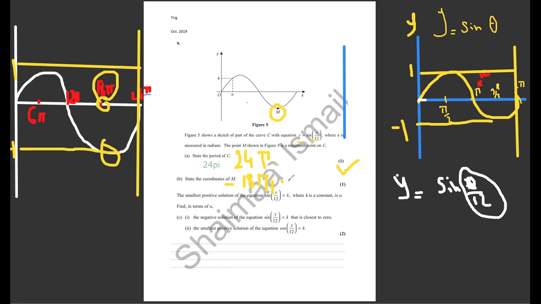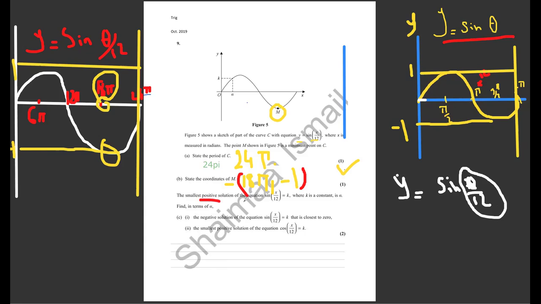Everything is easy when you transform the graph from normal y equals sine theta to the one he gave you, y equals sine theta over 12. And we change the dividing to multiplying because the change was in the x-axis.